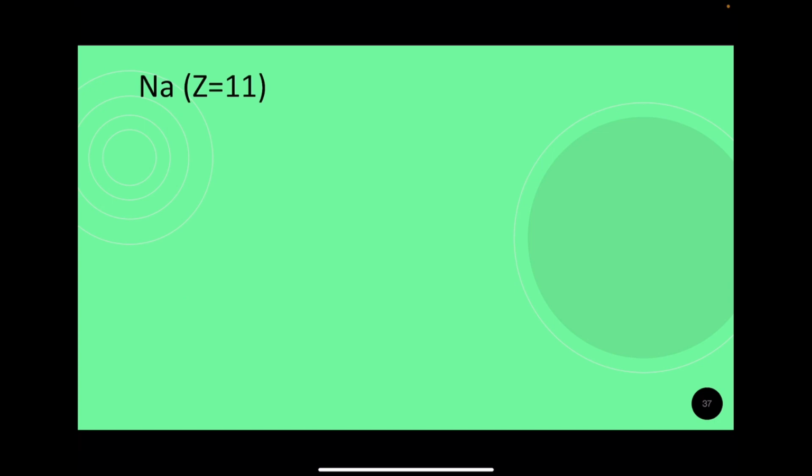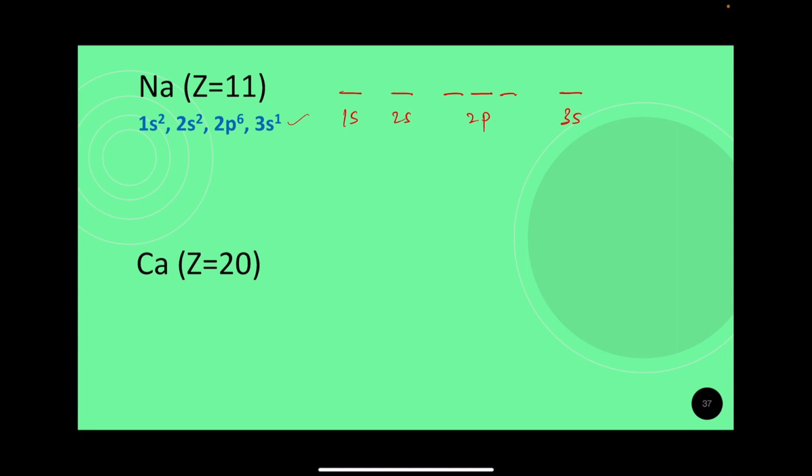Another example, sodium. This is the electron configuration. To draw the orbital diagram, since I like to use the line one, we can do this: 1s, 2s, 2p, and 3s. 1s, 2s, 2p, 1, 2, 3, 4, 5, 6, and 3s1.